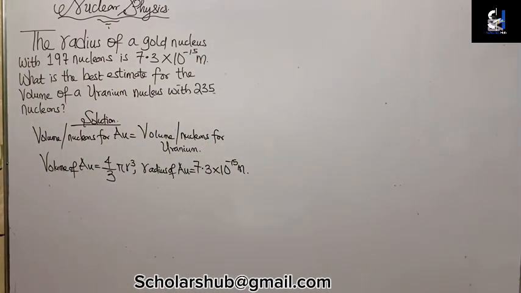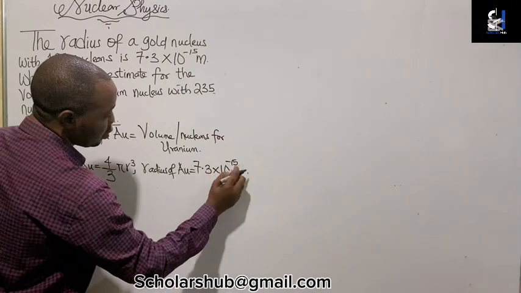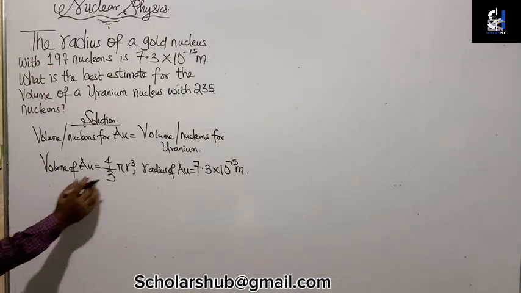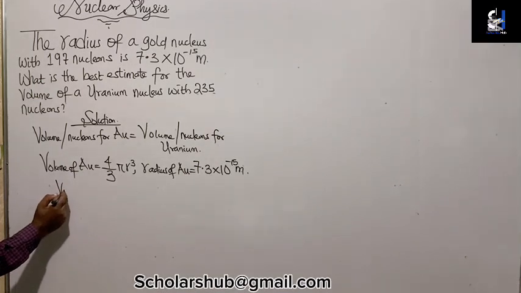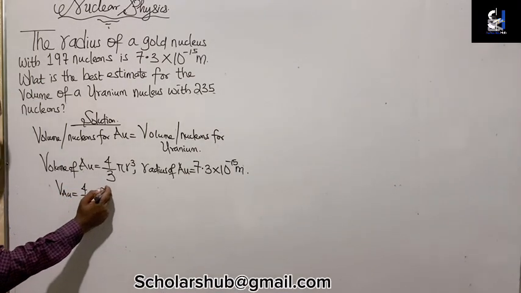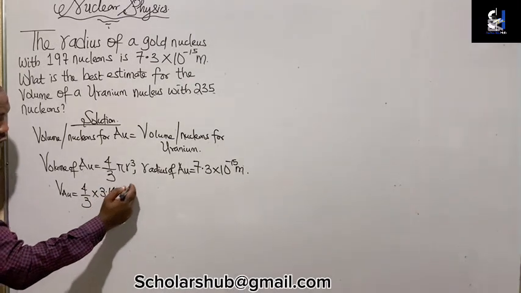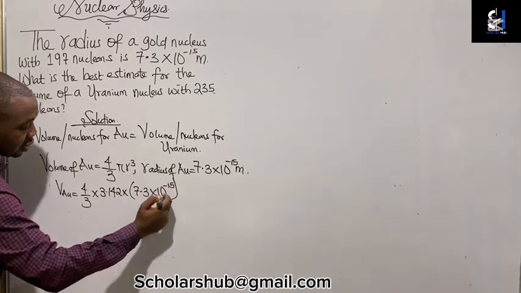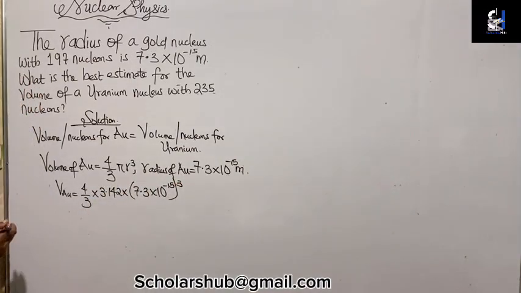With this information, we should be able to calculate the volume of gold. So the volume of gold will be equal to 4 over 3 multiplied by 3.142 multiplied by 7.3 times 10 raised to the power of negative 15, all raised to the power of 3.